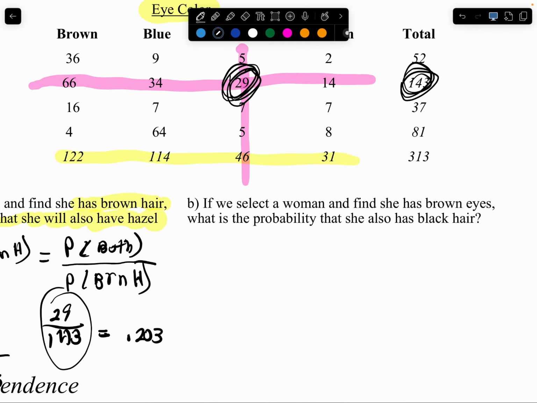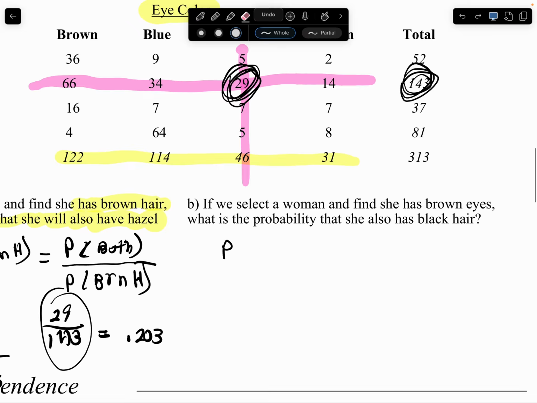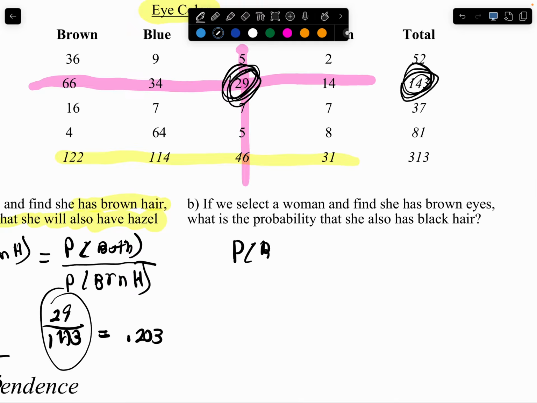If we select a woman and find that she has brown eyes, what is the probability that she also has black hair? So, brown eyes, black hair. Probability, actually, black hair, given that she has brown eyes.